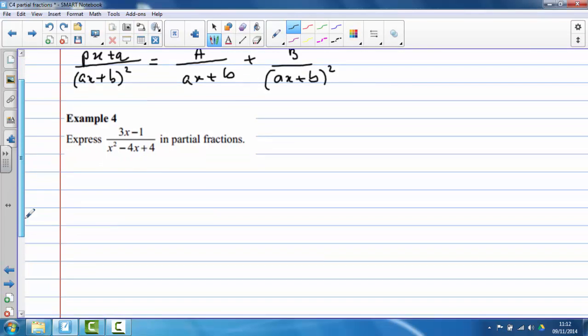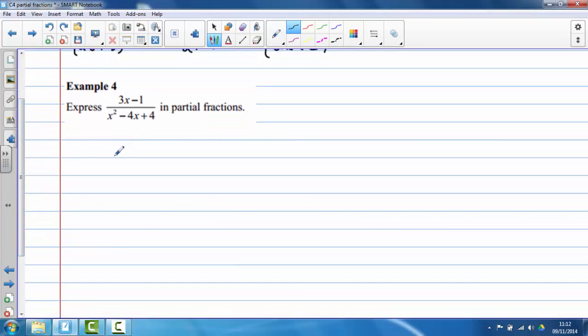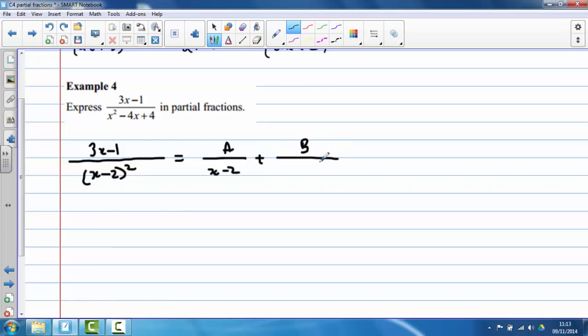Let's look at an example. So we've got 3x minus 1 over x squared take away 4x plus 4. Then we've got 3x minus 1 over x minus 2 all squared, so that's factorized. And then we'll write this out as a over x minus 2 plus b over x minus 2 all squared.